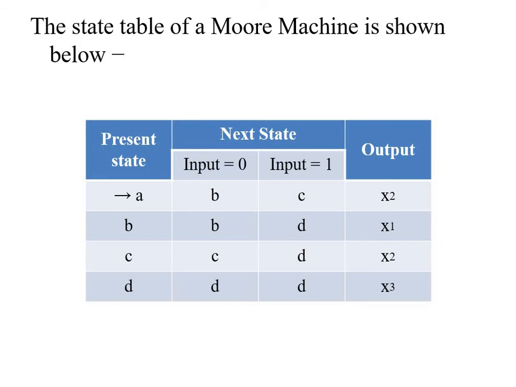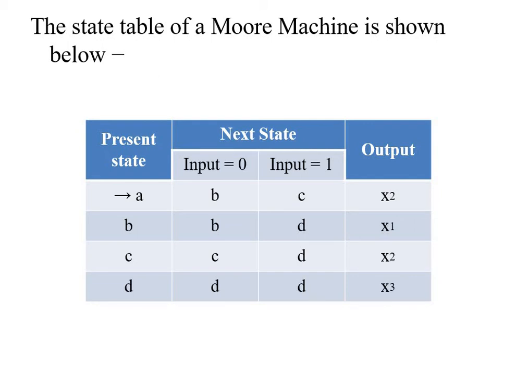Here is the Moore Machine state transition table. In this state transition table, we give the present state, the next state for each input symbol, and the output. In a Moore Machine, output is associated with the state.